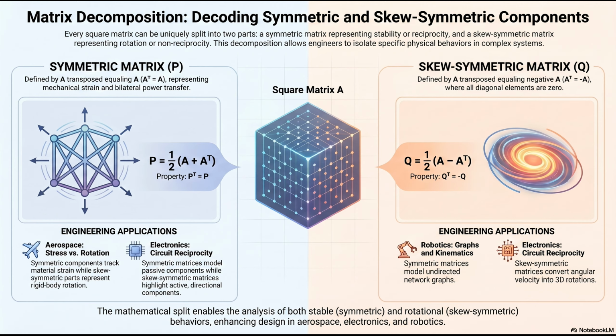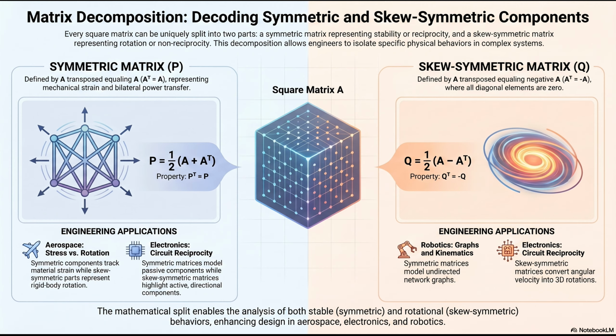Oh, so all the electrical behavior is happening strictly in the off-diagonal numbers. Exactly. And because it's skew symmetric, an off-diagonal value from node A to node B might be, say, perfectly positive. Okay. But the return path from B to A is perfectly negative. Ah, I see. This indicates a strict phase shift or directional enforcement.